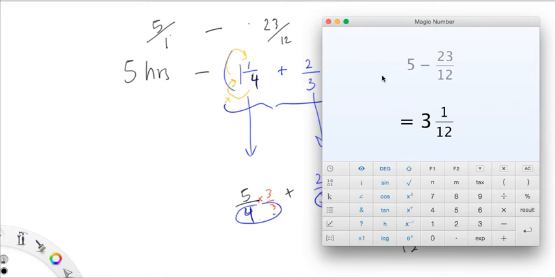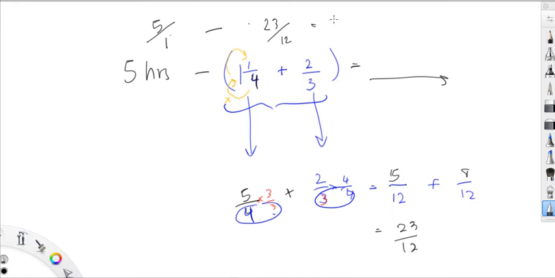And the answer is 3 1/12, which I should have just put over here.